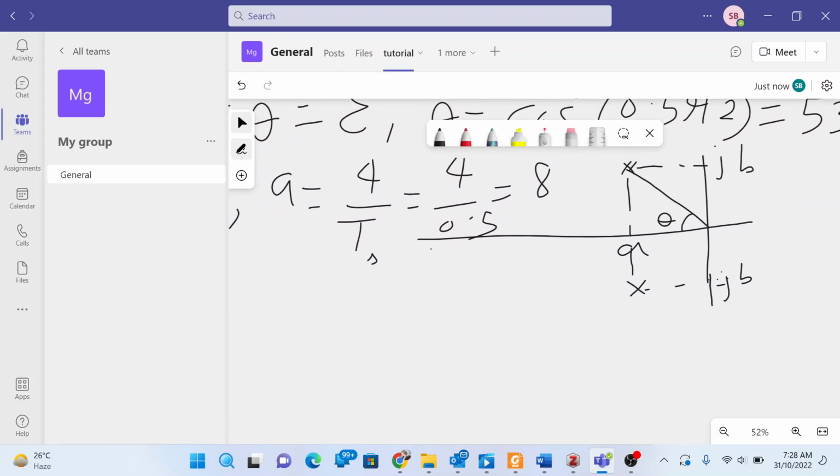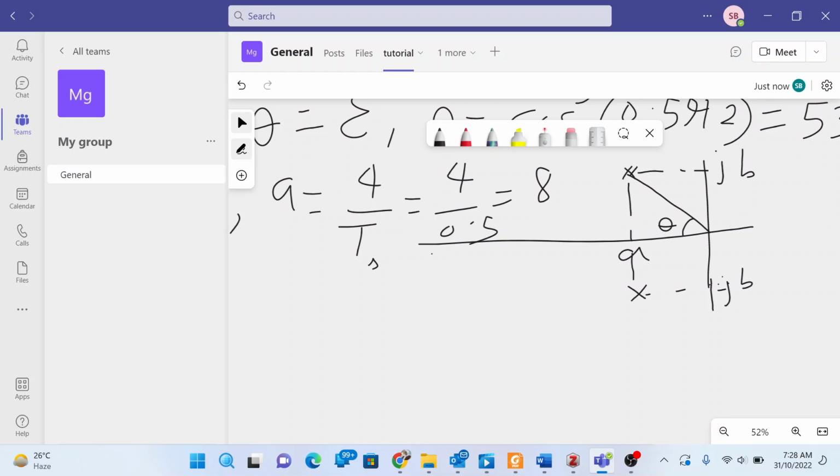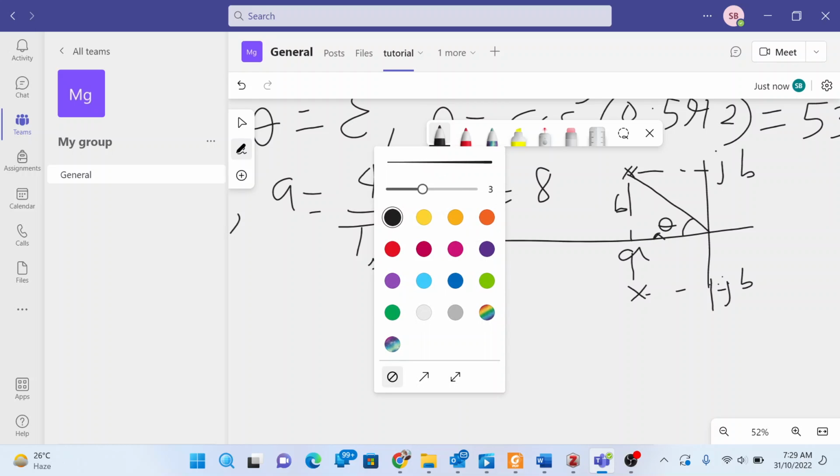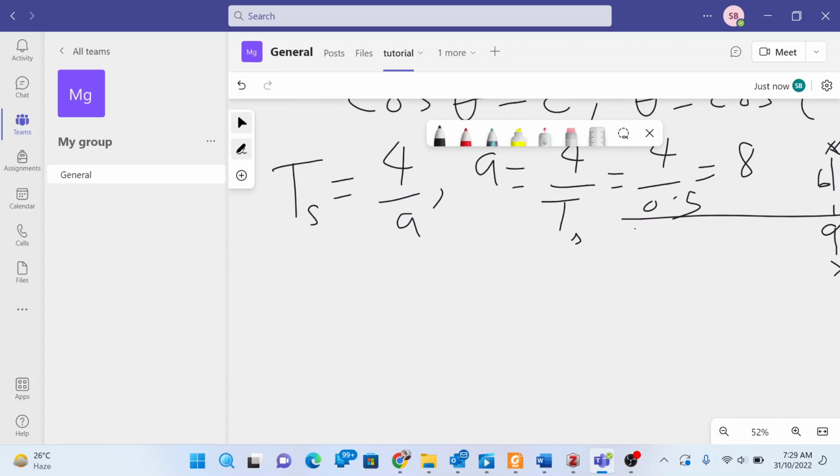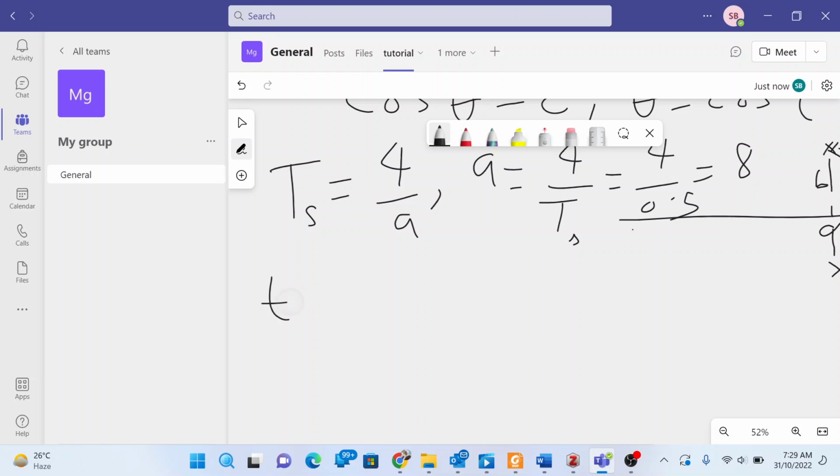Now we will use this diagram, which is tan theta is equal to the value of B, you know, this is B and this is A in this diagram. So tan theta here is going to be B over A. Since we now know A, we can determine B to be A tan theta.